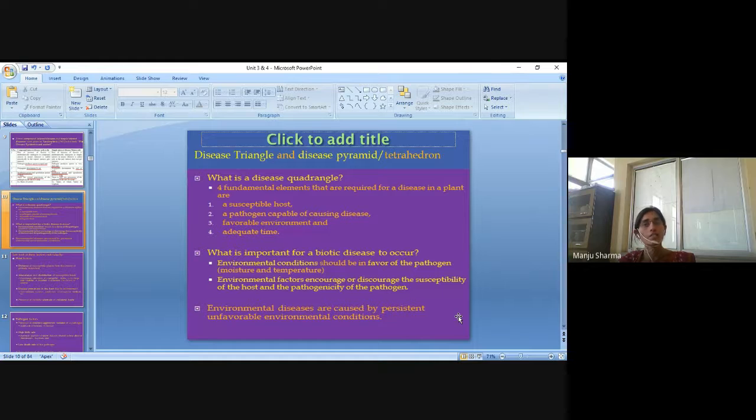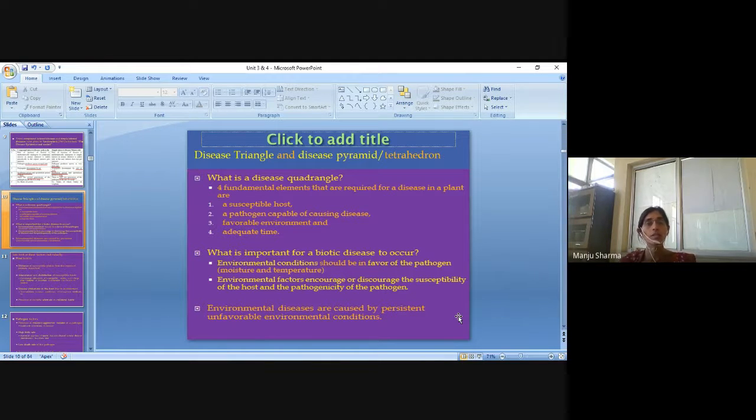After that, disease triangle and disease pyramid, that is, tetrahedron. First of all, what is the disease quadrangle? The four fundamental elements required for a disease in a plant are a susceptible host, a pathogen capable of causing disease, a favorable environment, and adequate time.